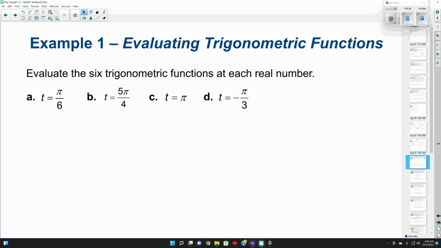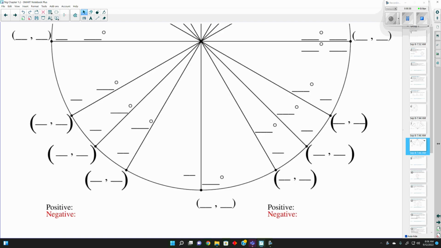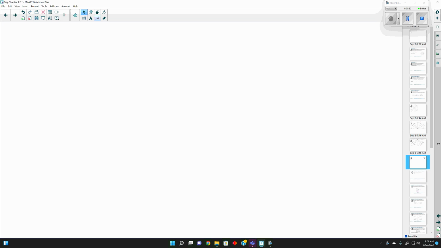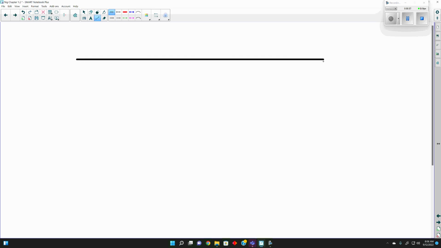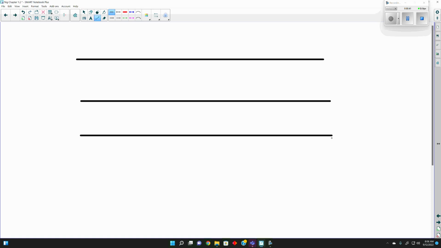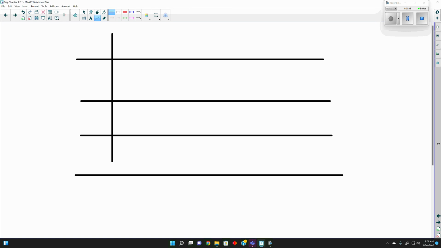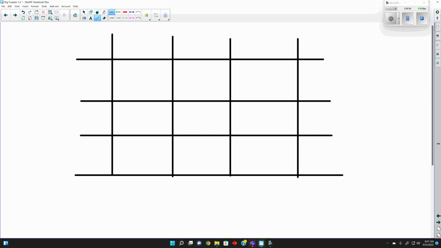Actually, back up, make a new page. Actually, I think this is where we're at, because we were on the back side of the unit circle.